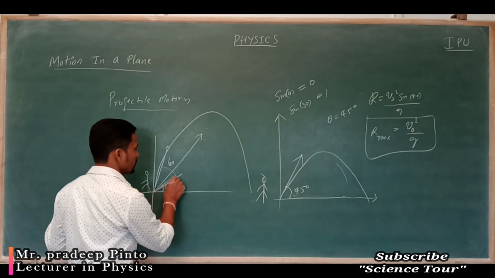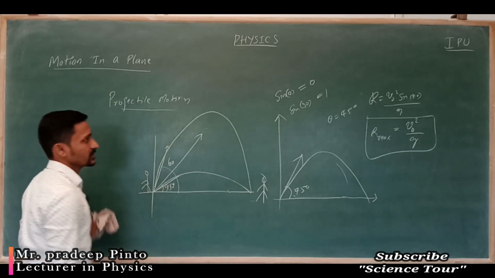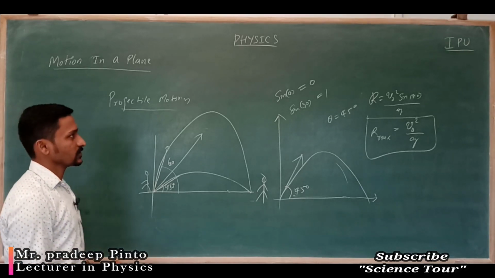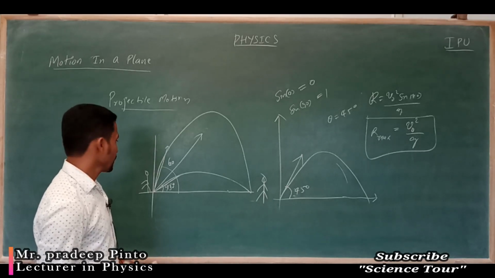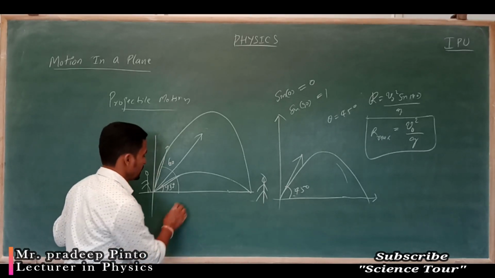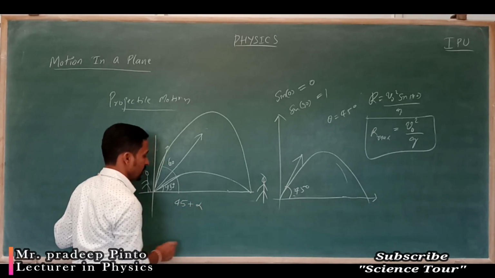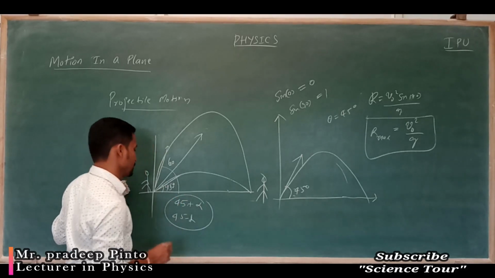This object comes and moves here. So the range will be the same for the same velocity. The range will be the same. That is nothing but for complementary angles: 45 plus alpha and 45 minus alpha. The range will be the same.